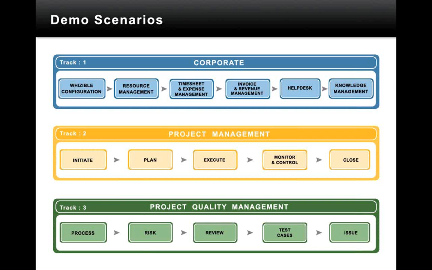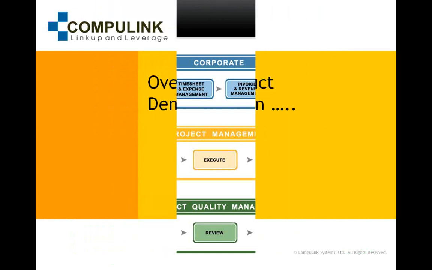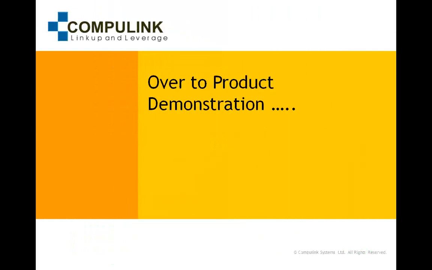Here we can cover the complete project lifecycle from initiation to planning, execution to control and close. Track 3 is about project quality management. It will tell you how to implement processes and keep your projects on track. Each of these 3 tracks would take roughly 40 minutes, and we would begin with track 1. Let's move on to the product demonstration now.